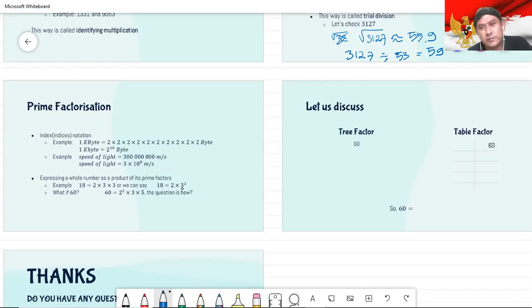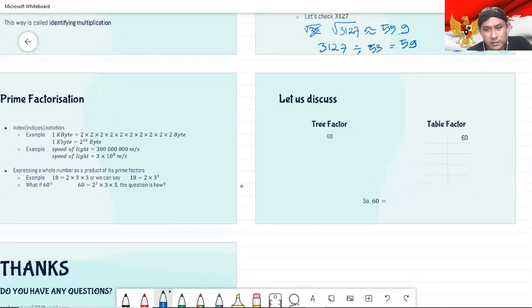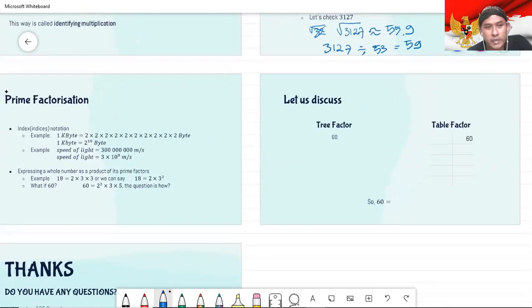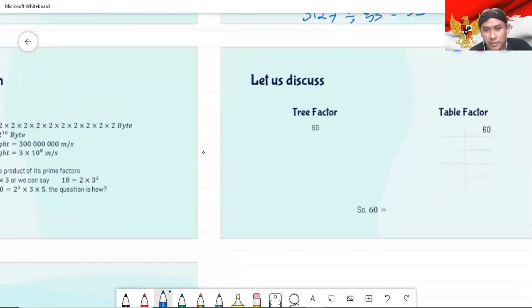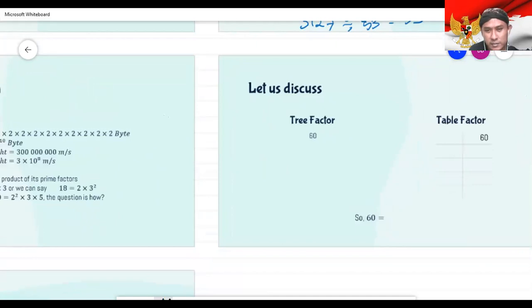Now, how about 60? How could it be written like this? Now we can find the prime factorization by using a factor tree or a table of factors. I'm going to make it big first. Now, 60.